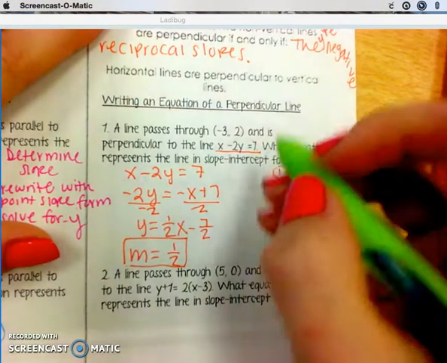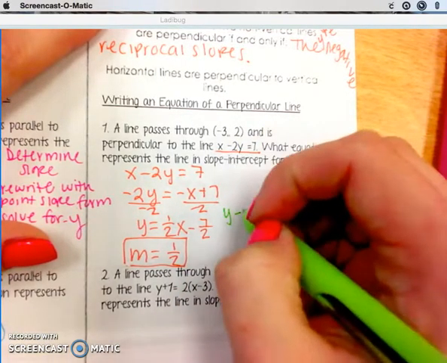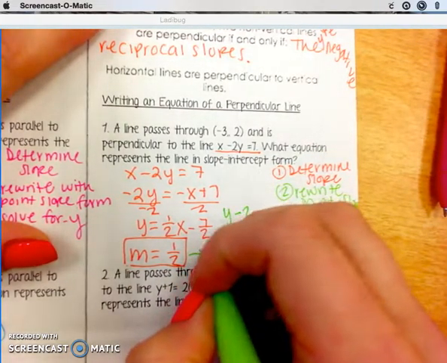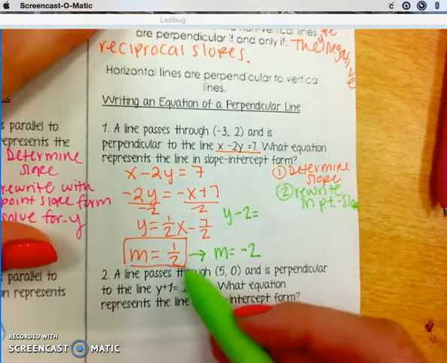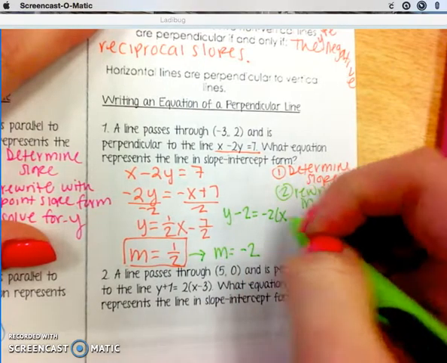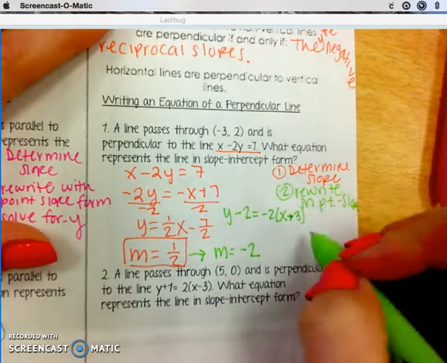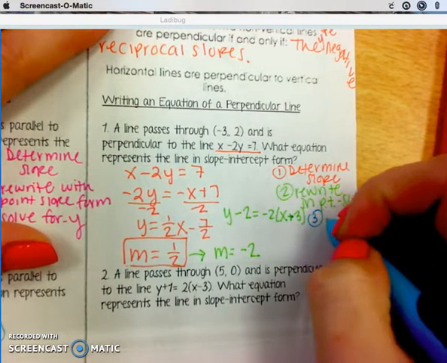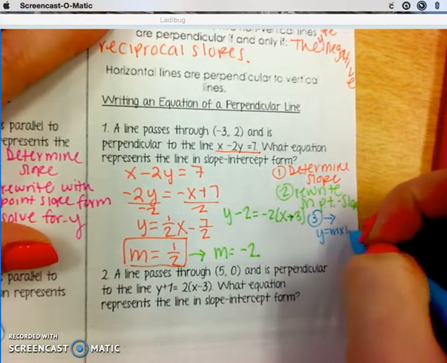So y minus my y coordinate equals the new slope, which will be negative 2. Flip it, it's 2 over 1, and it's a positive, so make it a negative. So negative 2 times x, and this is a plus 3. And then the third step would be to change to y equals mx plus b.